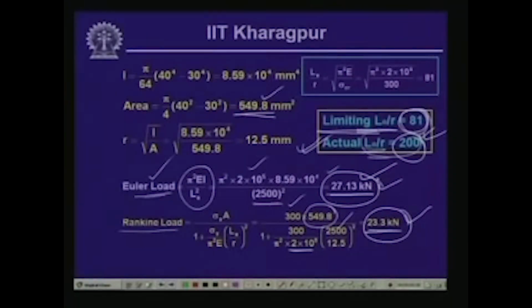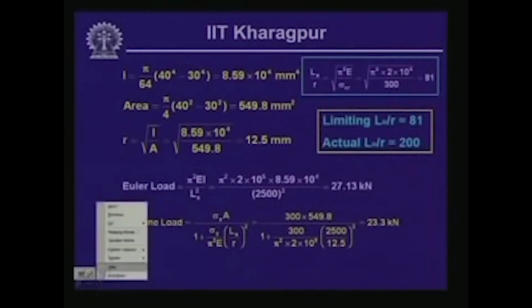Hence, since the LE by R ratio is much higher than the limiting LE by R, we can take Euler's critical load as the guiding critical load for the member. So, the critical load for this member will be 27.13 kilonewton.